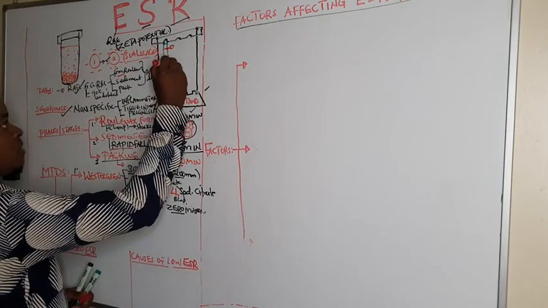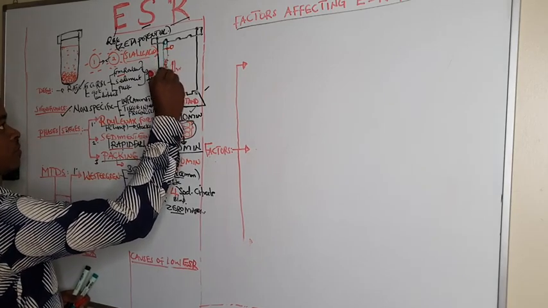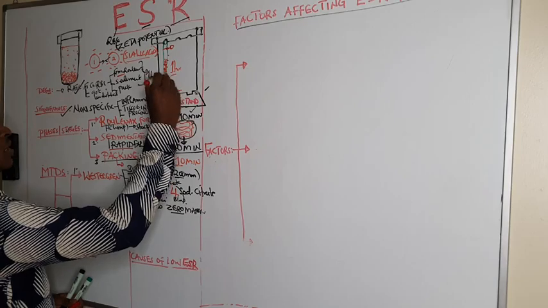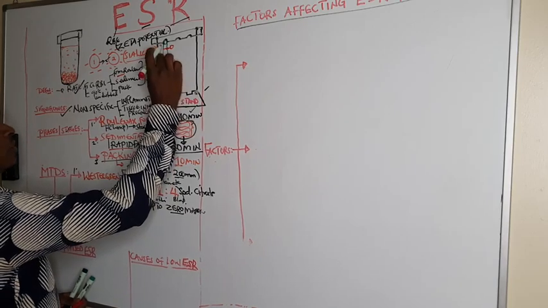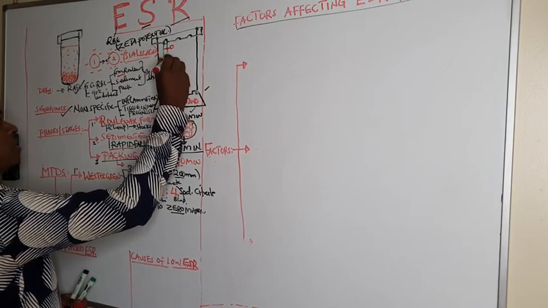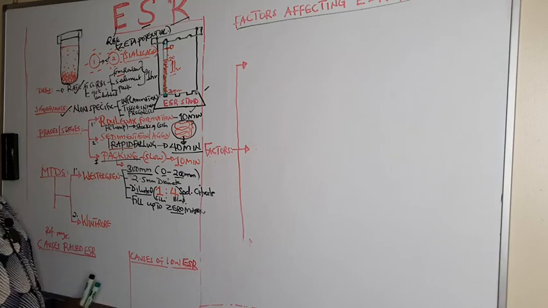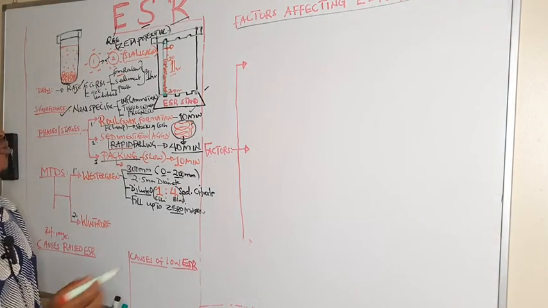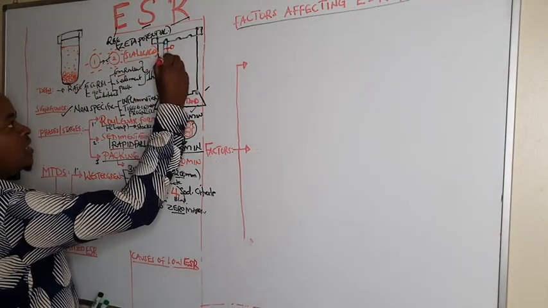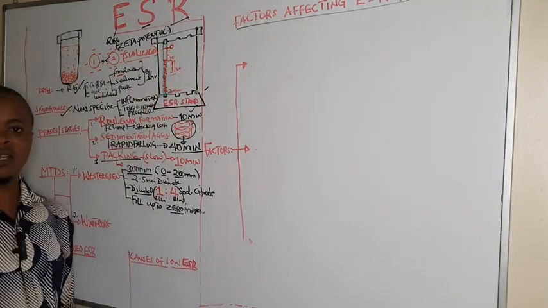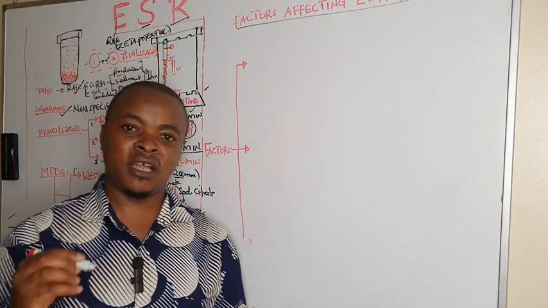So the cells pack. After packing in the tube, they leave behind the clear plasma. And maybe say this one stopped at 20. So what you do, after 1 hour, you come and read the ESR result at the meniscus, where the packed cells have stopped.